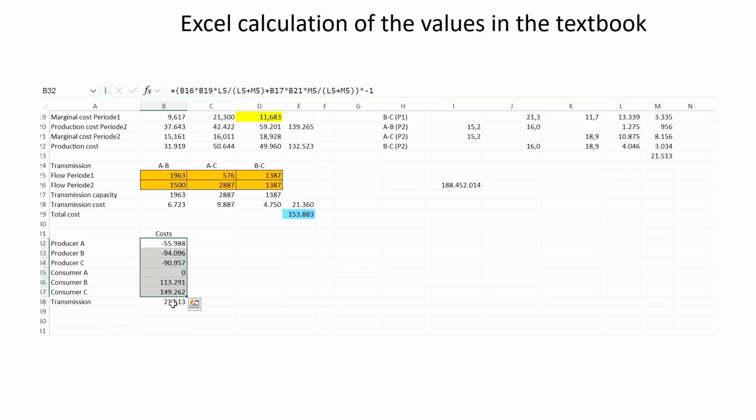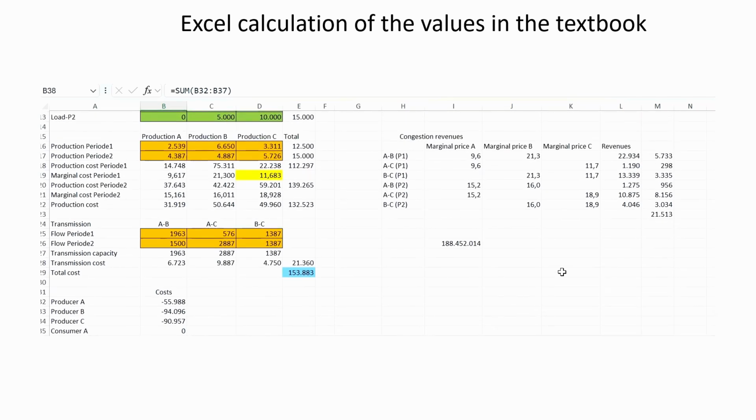This value here is the difference between what the producers receive and the consumers pay, and this value here is the bottleneck income or congestion income for the TSO in the system.